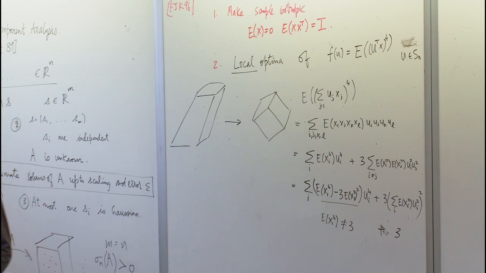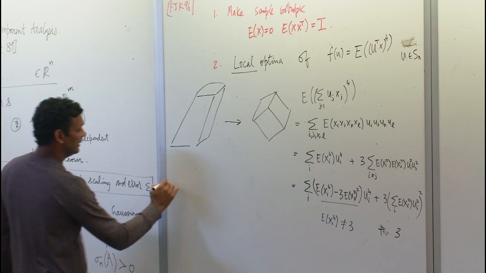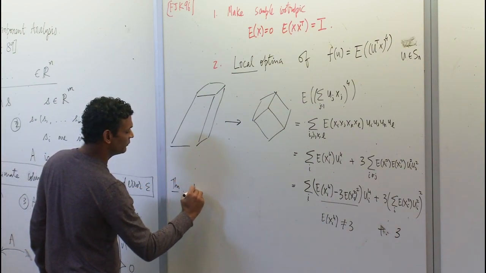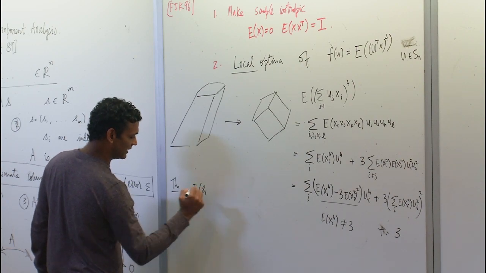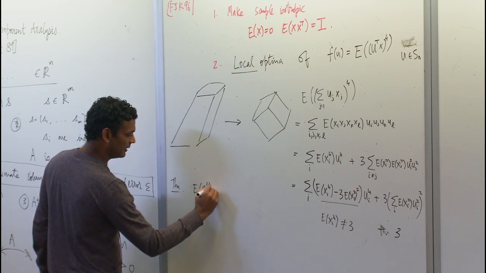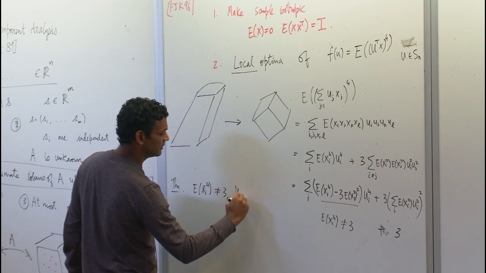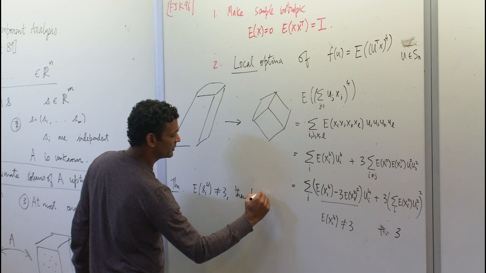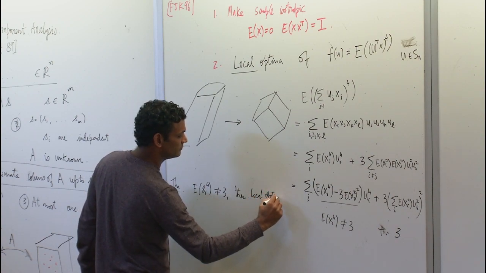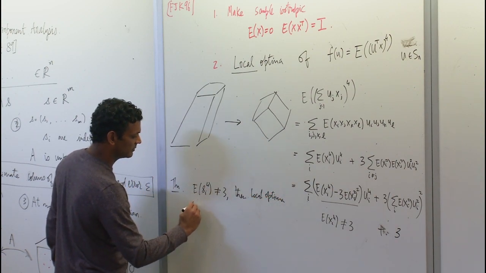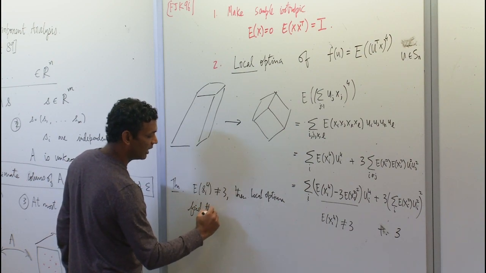So the additional assumption now is that if the 4th moment of your distribution, and I'll get to general distributions in a second, is not equal to 3, then a local optima finds the axes of the cube, are the axes of the cube.